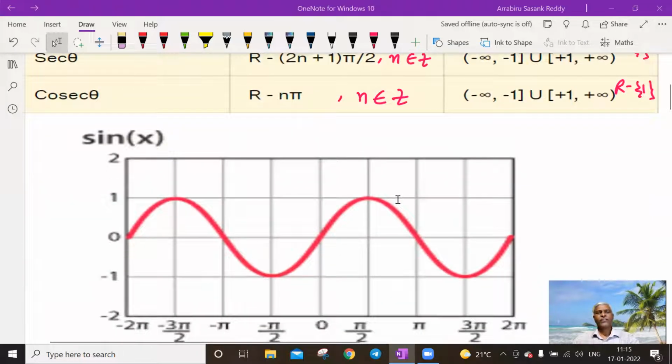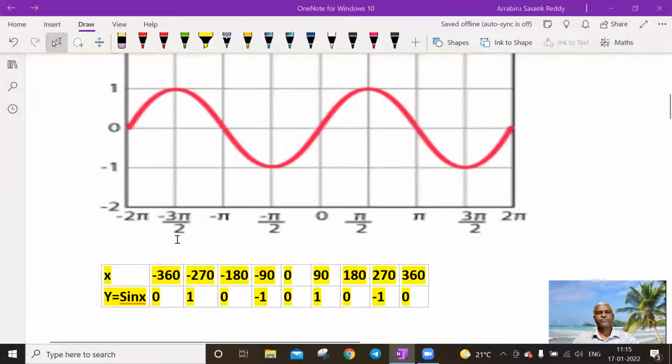Now let us look at the sine function. This is sine minus 2 pi, that is minus 360 degrees. Sine minus 360 degrees, the value is 0. You take the graph paper and point out the values.